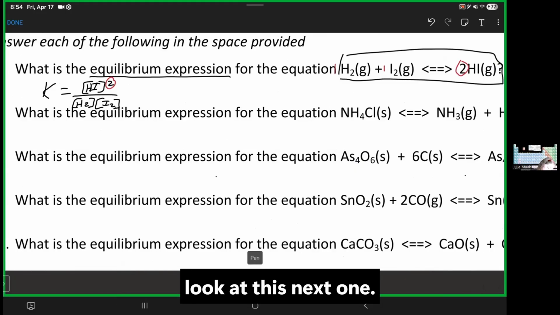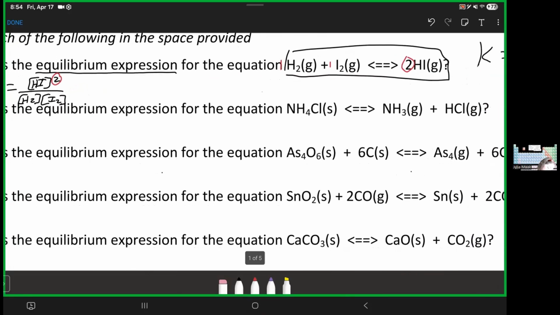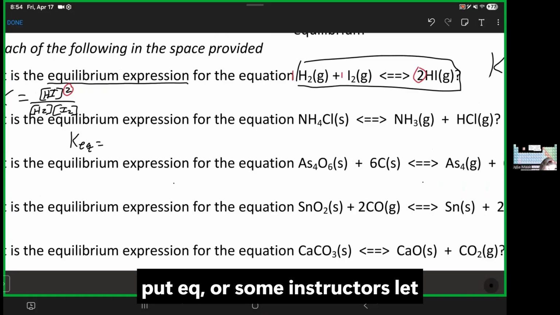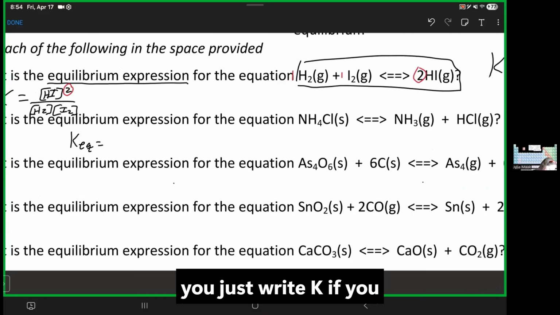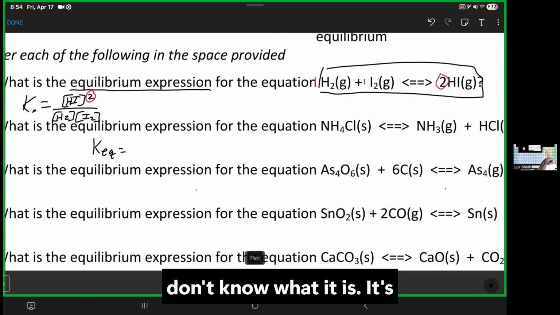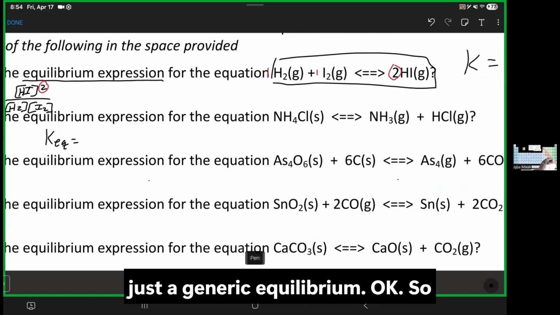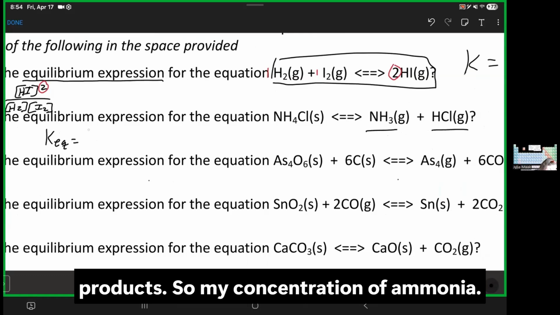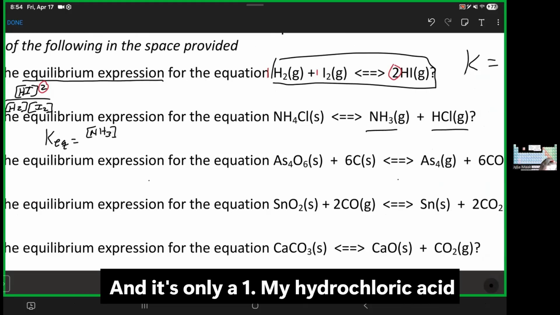Okay, if we look at this next one, my K, and you can put EQ, or some instructors let you just write K. It's just a generic equilibrium. Okay, so for this one, I have my products. So my concentration of ammonia, and it's only a 1.